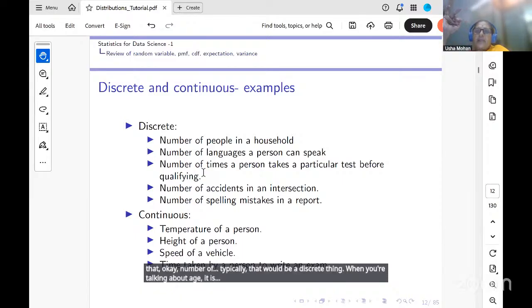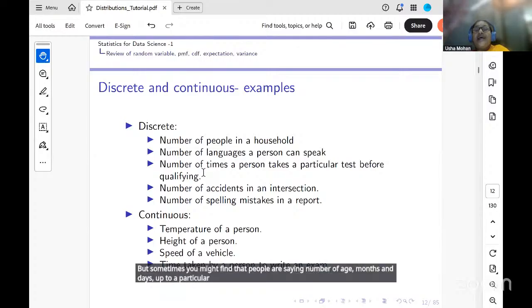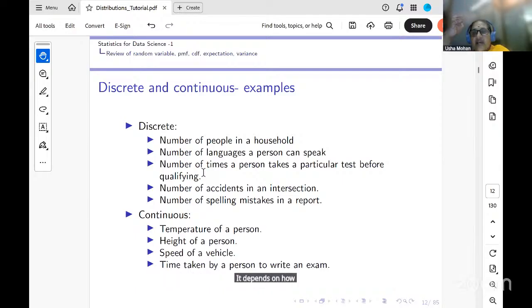If you're computing it as number of years, it is fine. It depends on how you are measuring it. Are you measuring it right from the time you're born till now? Then you do not know how you're representing that age. Is that clear? So it depends.